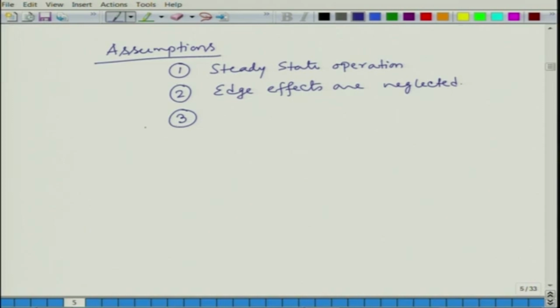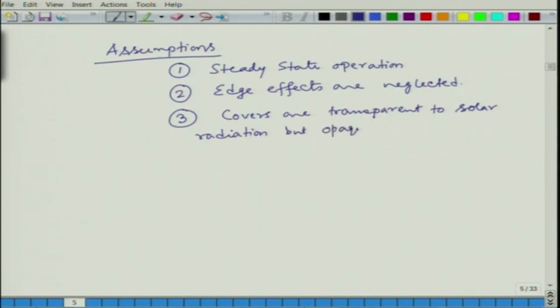Another assumption we will make is that the covers are transparent to solar radiation but opaque to infrared radiation.